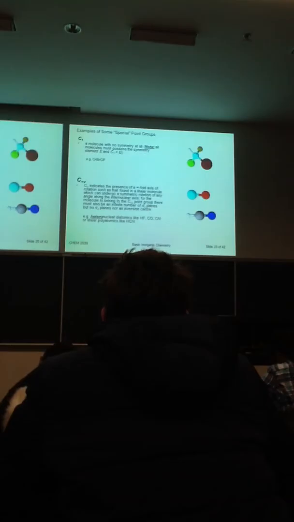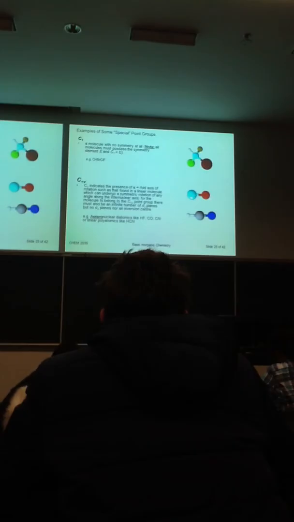Okay? So we don't really have a predefined angle of rotation. When we're actually rotating along the axis, nothing is changing. Okay? So the C infinity axis is only when we have this linear type of molecule where we can rotate about any angle we like.